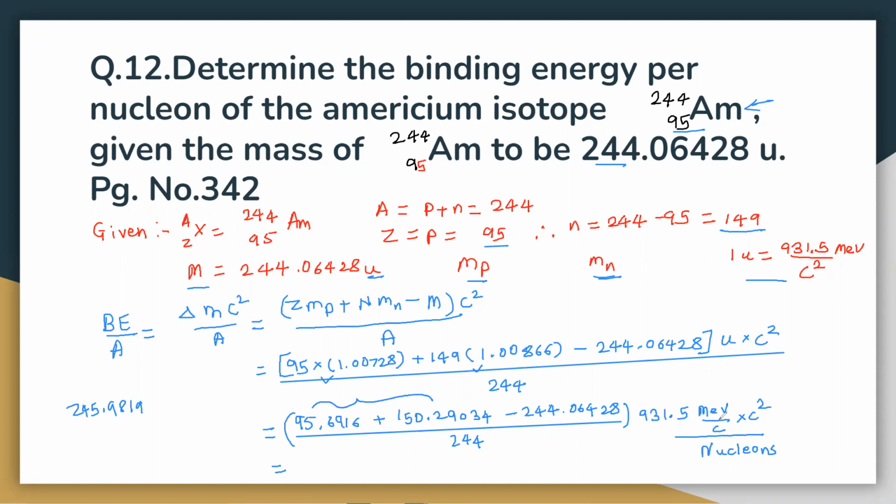You will have to multiply it with 931.5. So this you need to find out, and it will give you the final answer, 7.3209. So this will be the final answer for binding energy per nucleon. So we can write mega electron volt per nucleon.